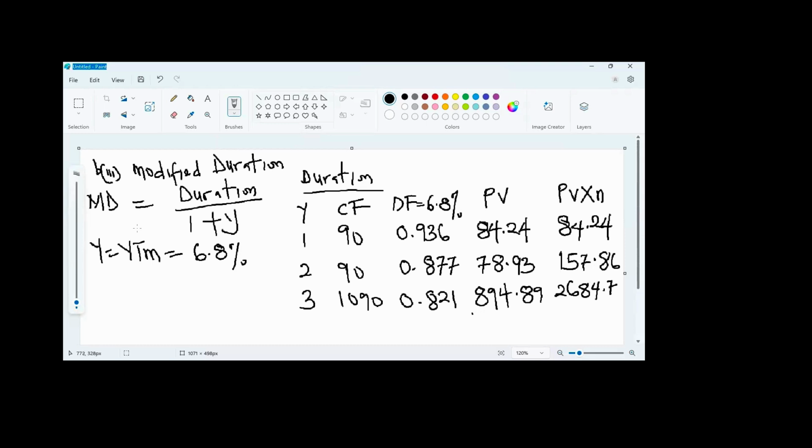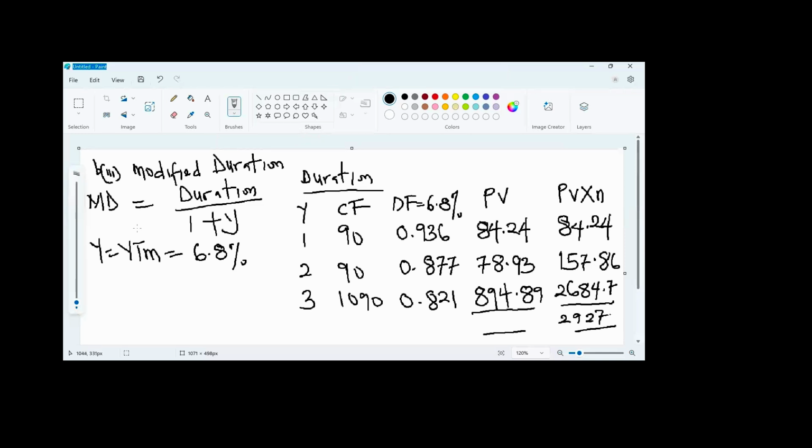Thank you. Now sum the present value. Also sum the present value multiplied by N.